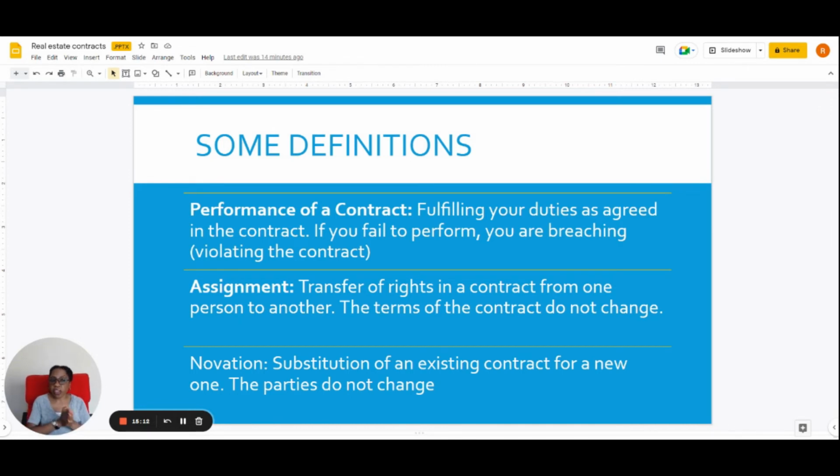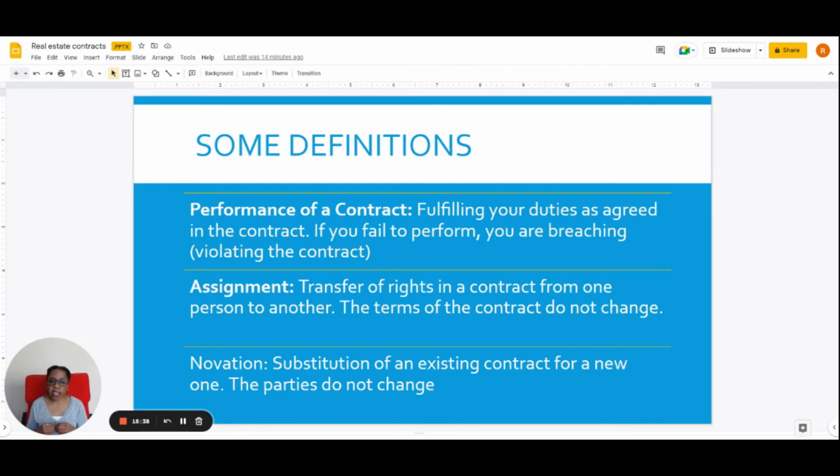Two years down the road, Bank of America sells it to Chase. You get a letter in the mail that says, do not send your payments to Bank of America anymore. Going forward from next month, begin sending your payments to Chase. And this is the address. Your monthly payments are still the same. All the terms and agreements are still the same. That is an assignment.